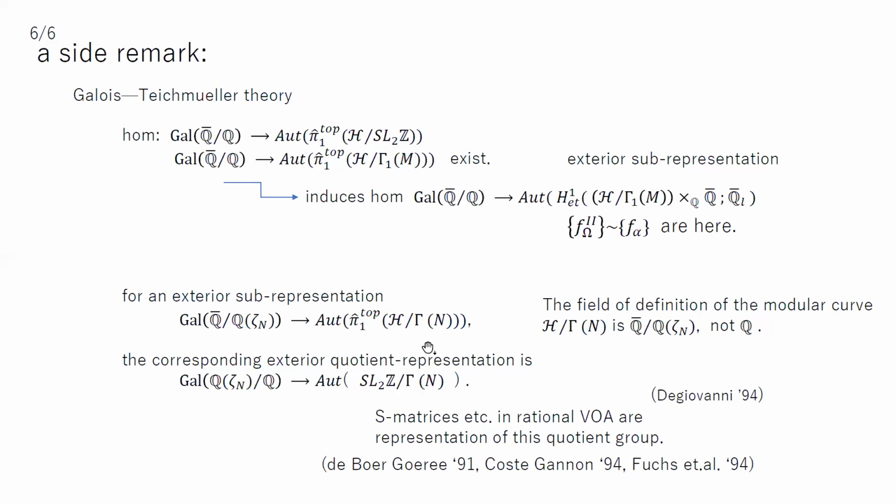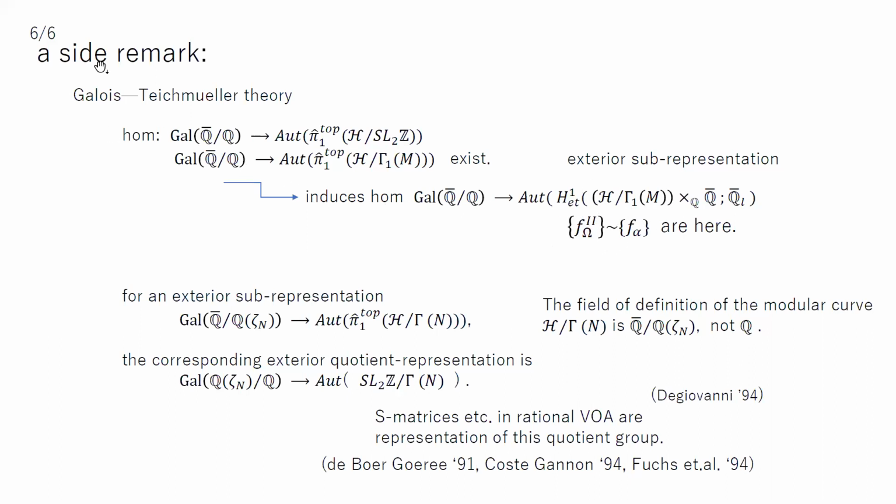What I presented here today was that that theory was about the Galois group action on the S matrix and T matrix of a rational VOA. But we also think of the observables available in rational VOAs, which are functions of the complex structure parameters of the worldsheet, and they can be lifted to the modular curves.